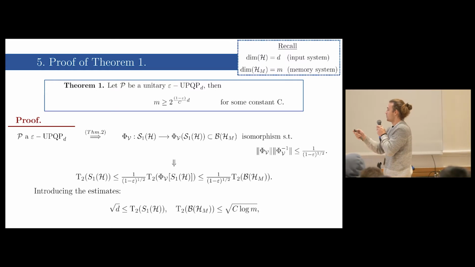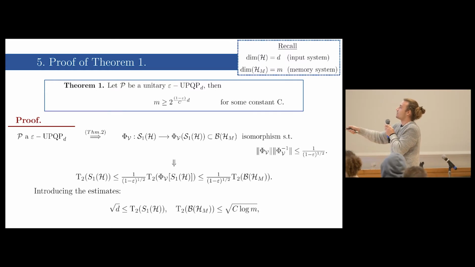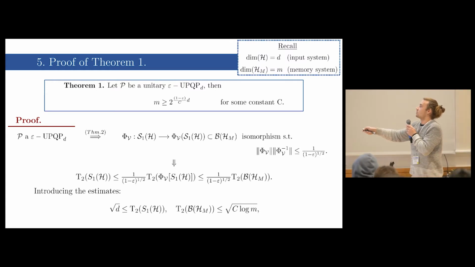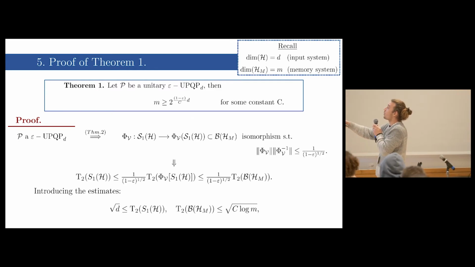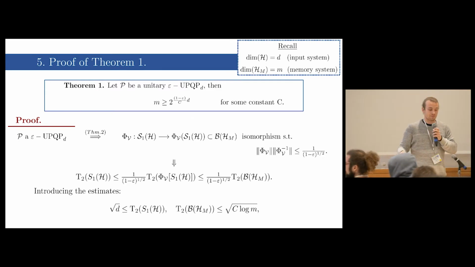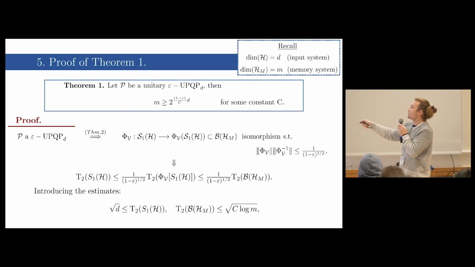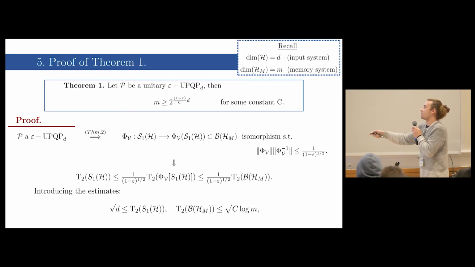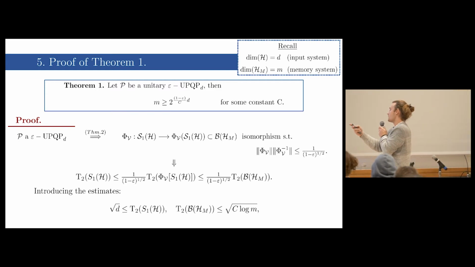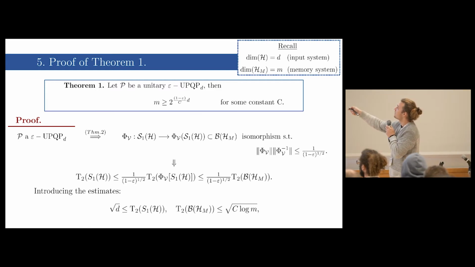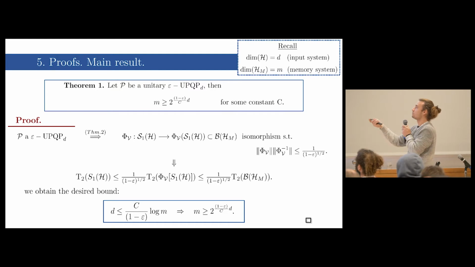And now to conclude, what we do is just estimating this type 2 constant. So these are well-known objects in the theory of local Banach spaces, and indeed we can get estimates for these constants. So introducing these new inequalities here, we obtain our bound.